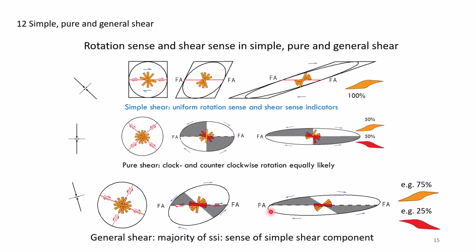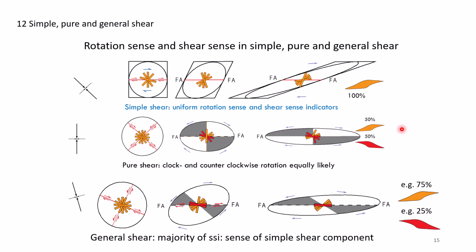If we have here a case that consists of 50% pure shear and 50% simple shear, we will get a distribution of shear sense indicators of 75% top to the right and 25% top to the left. So why is that not 50-50? Well, 50-50 it would be in the case of pure shear.